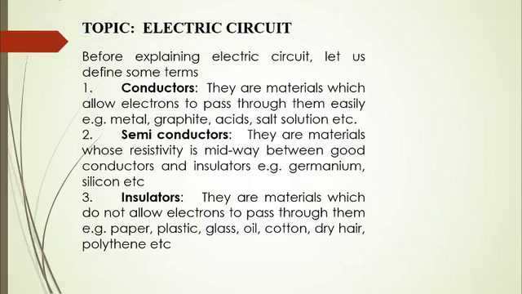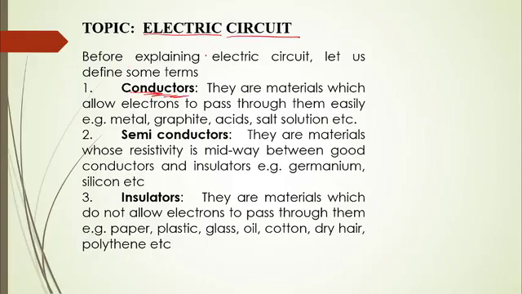Welcome back. At this point, let's try to take the definition of the term electric circuit. But when we talk about electric circuit, we have to know the basic definitions of some things like conductors, semiconductors, and insulators, because these are components that are really important in the study of electric circuit. So when we talk about conductors, what exactly are we talking about?